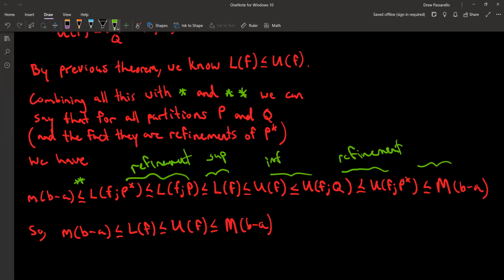And that was from double star. So we get that little m times b minus a is less than or equal to L(f), which is less than or equal to U(f), which is less than or equal to capital M times b minus a. All right, so that completes the proof of that lemma.